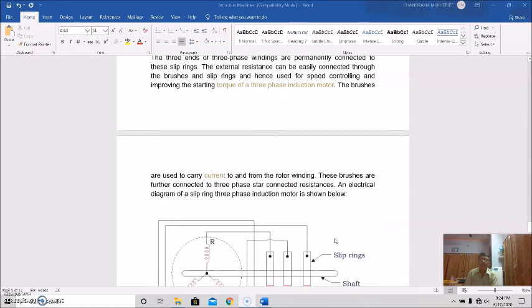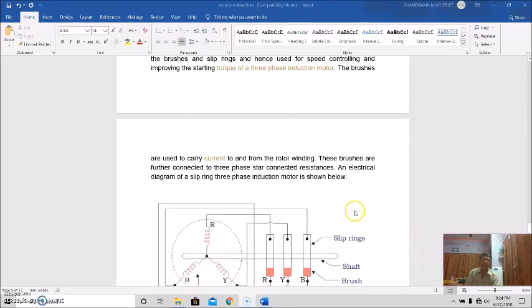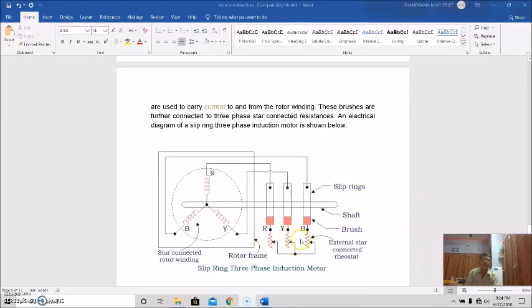The brushes are used to carry current to and from the rotor winding, and the brushes are further connected to the three-phase star connected resistance. This is the shown electrical diagram of a three-phase motor.